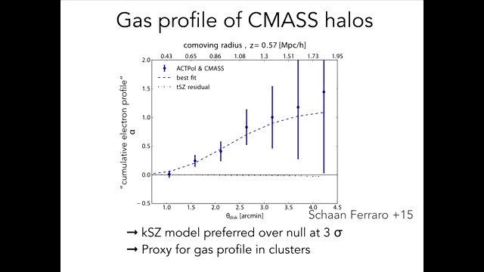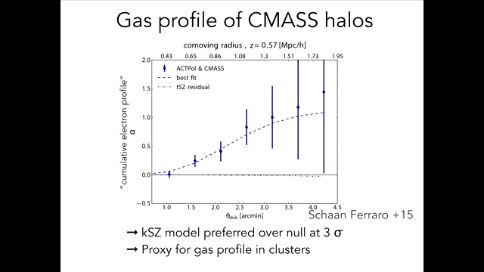So again, this parameter alpha, which you can interpret as a cumulative electron profile because you're increasing the size of your aperture, is shown as a function of the size of your aperture. These data points are basically our measurements. What you can see is that at large apertures, the measurements become very correlated.